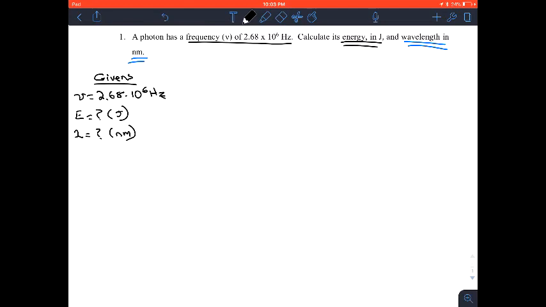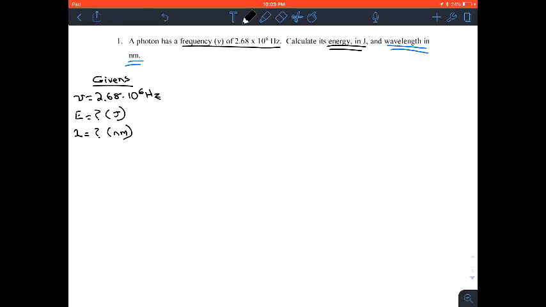So a little bit of conversions there. Now, we're going to have two equations that we mostly use: E equals h nu, and lambda equals c over nu. Normally, we have nu equals c over lambda, but we're just going to do the algebra right here to save space and time.